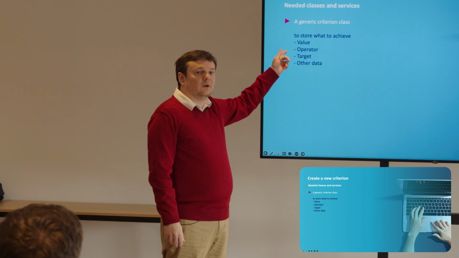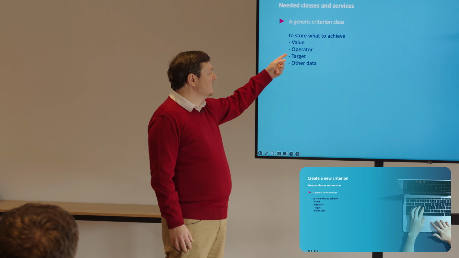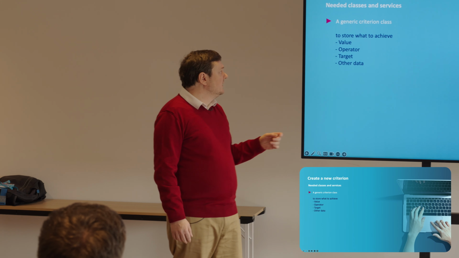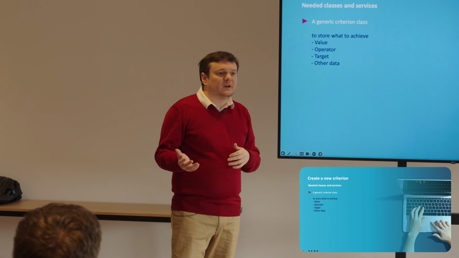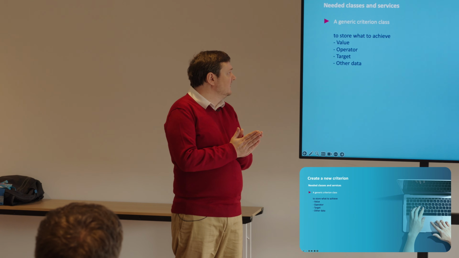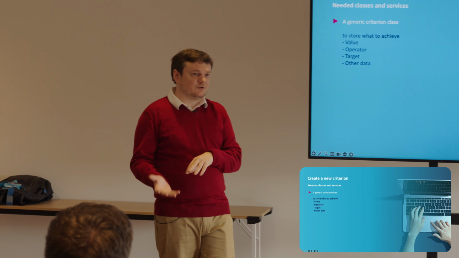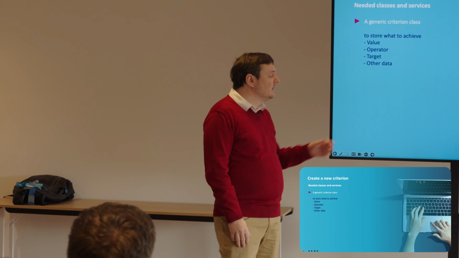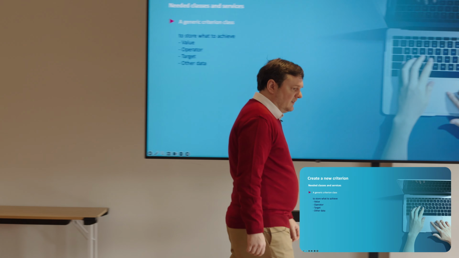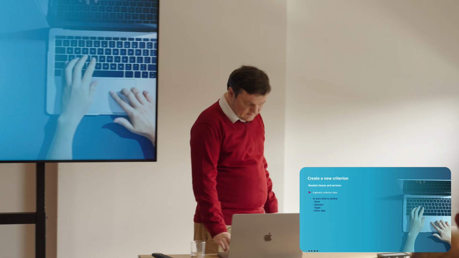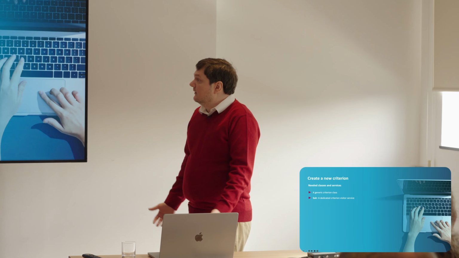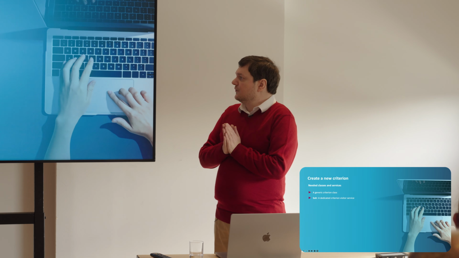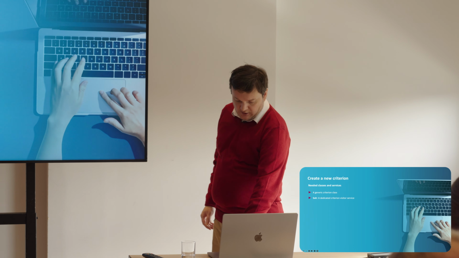So for example, it will be a value, a content type identifier in our case, an operator, which can be less than, greater than, a target for some cases, for example, the metadata date, used for knowing if you are searching based on the modification date or the creation date, and potentially other data if you have really advanced criteria. And then you will need something to transform this criterion for Solr into a bit of Solr query.